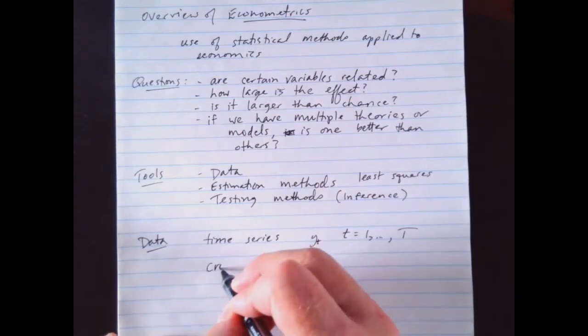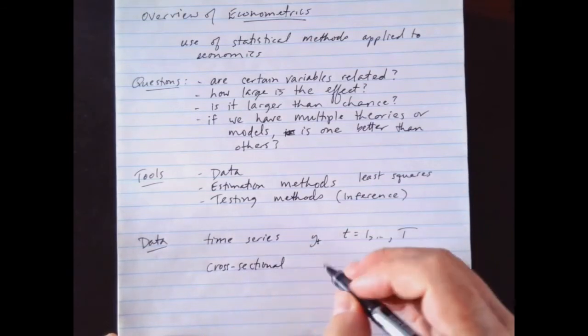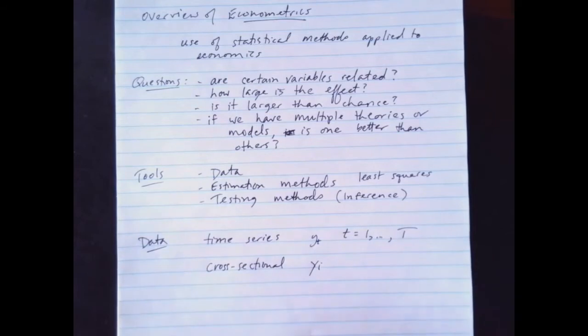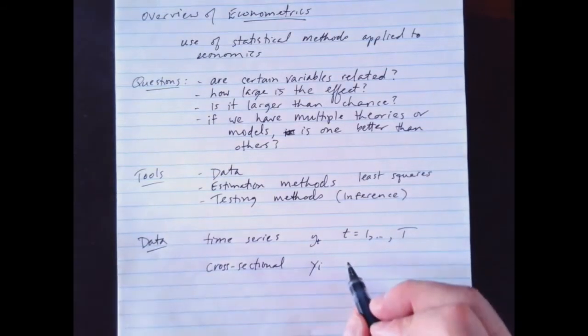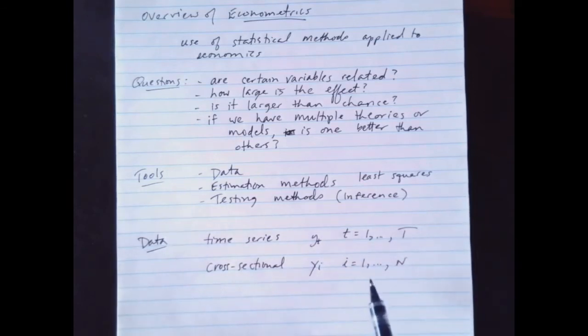There's also cross-sectional data. So there we have Y, and we put a subscript I, and that indicates it's cross-sectional data, and I will run from 1 to N. This might be, for instance, let's say you have data on the unemployment rate in all 10 provinces.